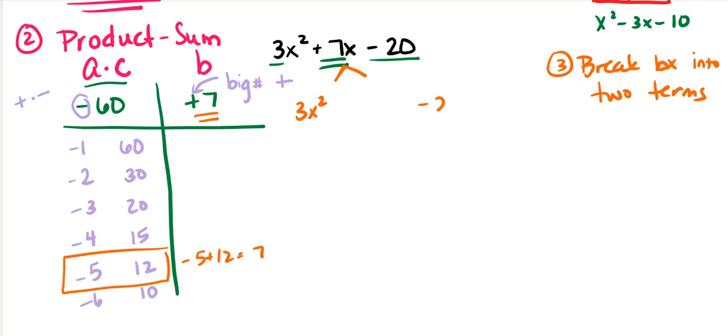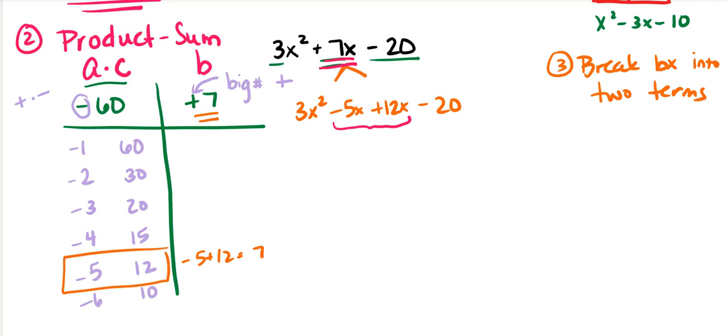I'm going to keep my minus 20, but instead of 7x, I'm going to put minus 5x plus 12x. So let's talk about that for just a second. The negative 5 and positive 12 are what multiplied together to give me negative 60 and added together to give me 7x. So if I added these back together, I would still have my 7x right here. I have not changed the value of my problem.